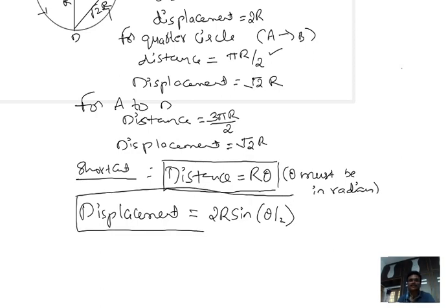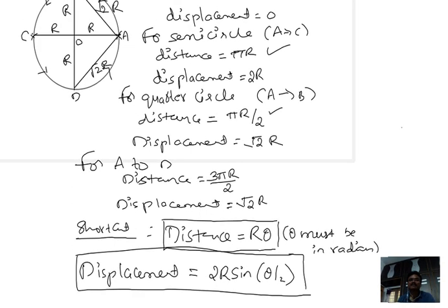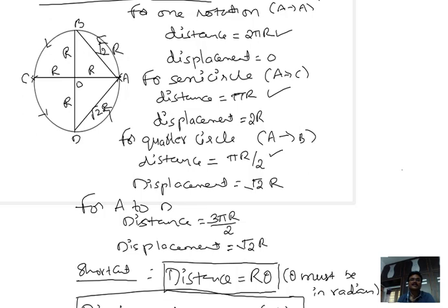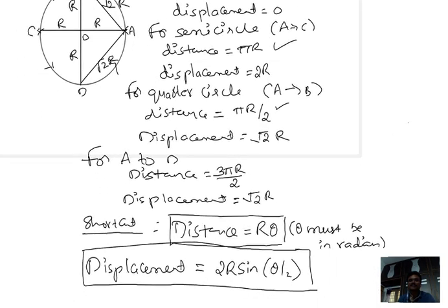Let us check the values. For a full circle, the angle is 360 degrees. 360 by 2 is 180, and sine 180 is 0, so the displacement becomes 0. For semicircle the angle is 180, 180 by 2 is 90, sine 90 is 1, so you get 2r.